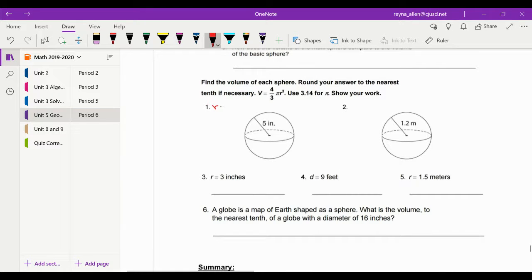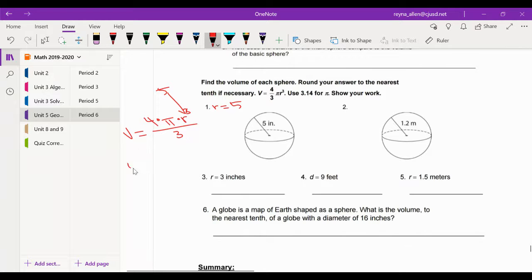My radius is 5. My formula is, no, not 2, 4 times pi times radius cubed, all divided by 3. So we just put a 5 right there.